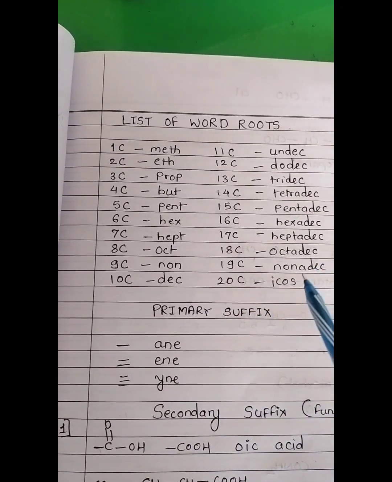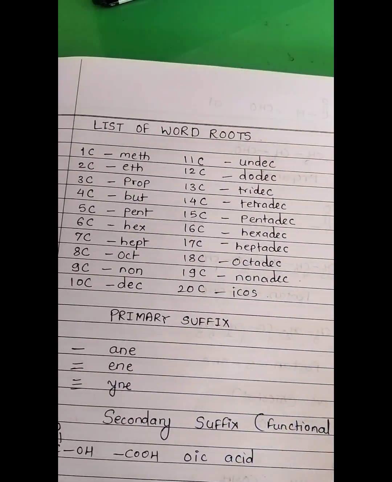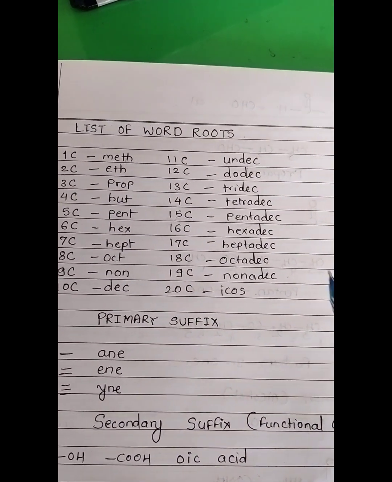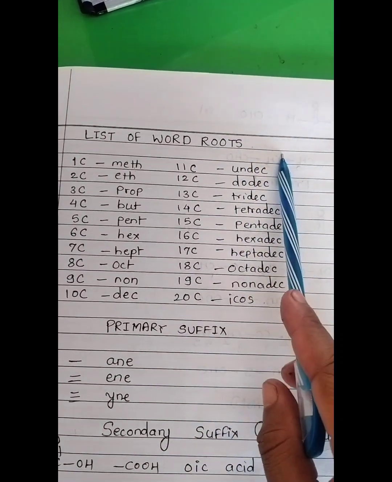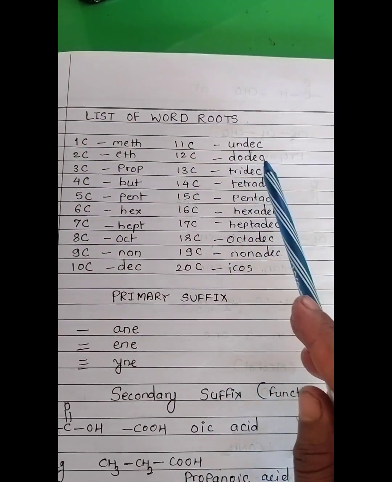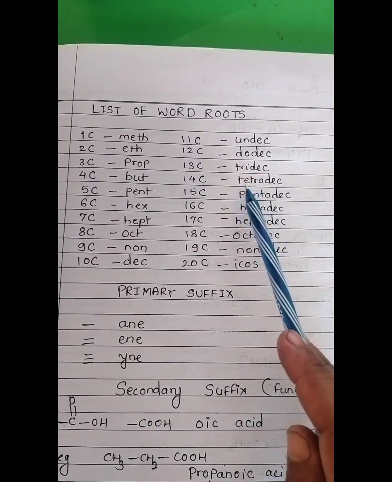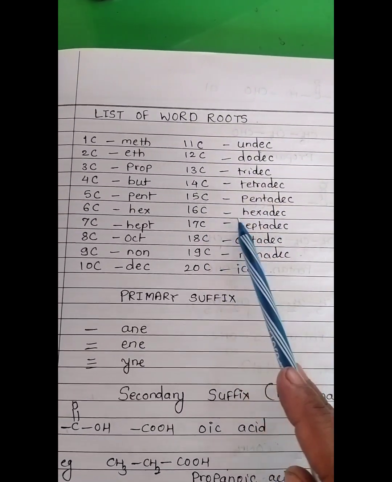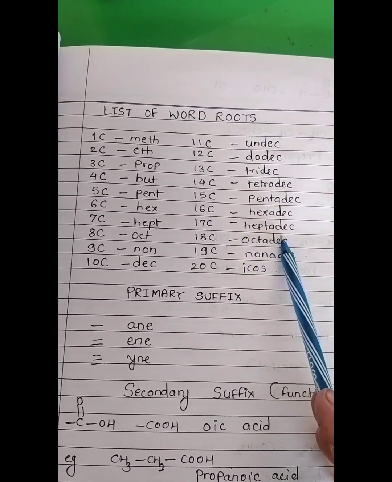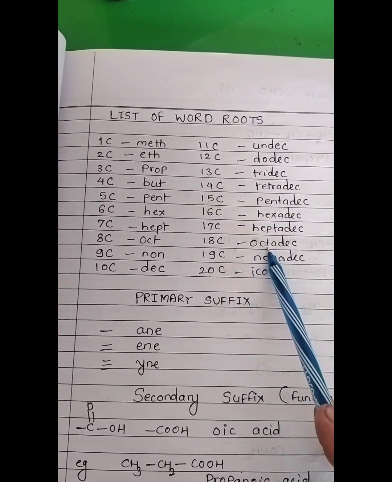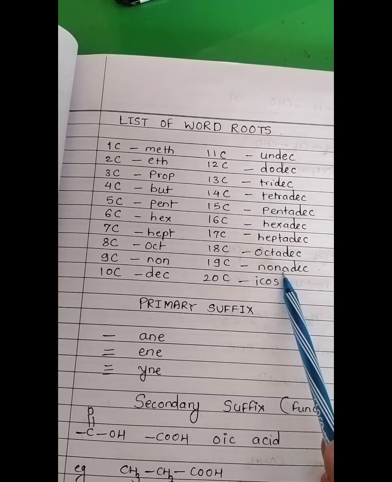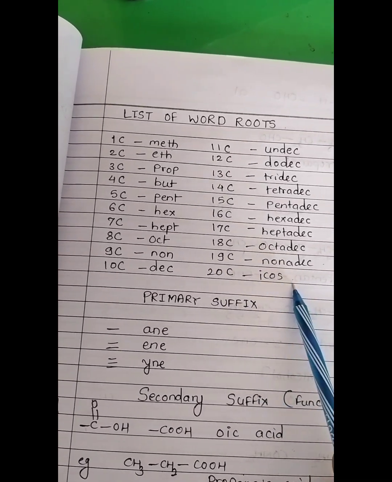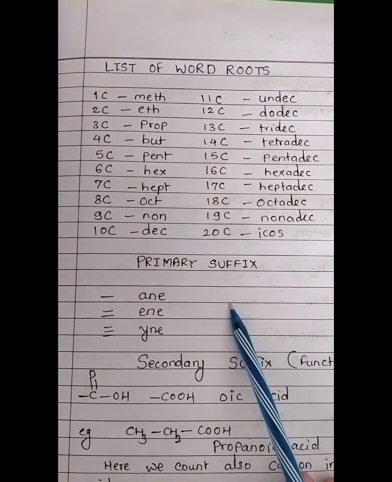Next, 11 carbon undec, 12 carbon dodec, 13 carbon tridec, 14 carbon tetradec, 15 carbon pentadec, 16 carbon hexadec, 17 carbon heptadec, 18 carbon octadec, 19 carbon nonadec and 20 carbon icos.